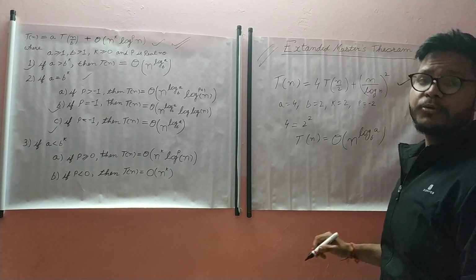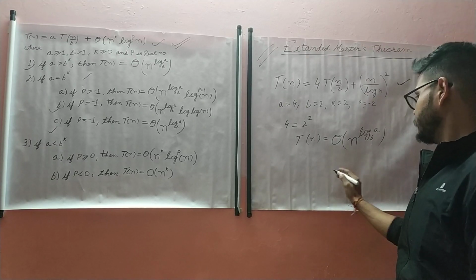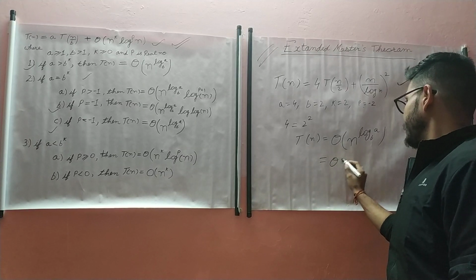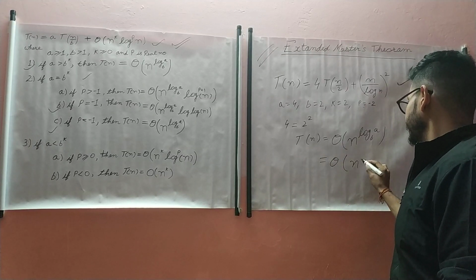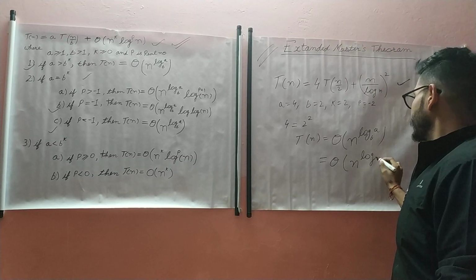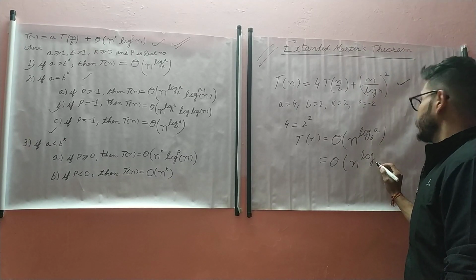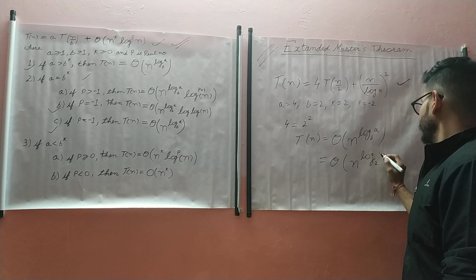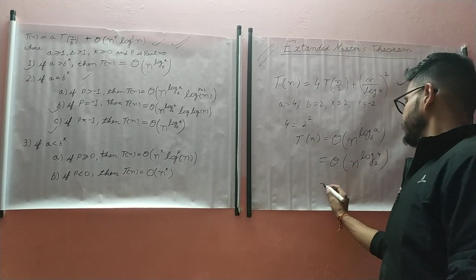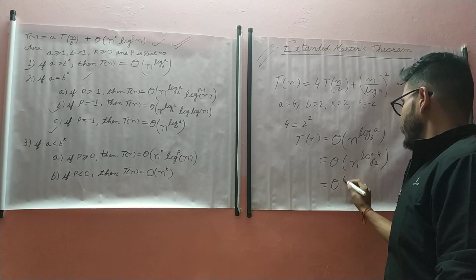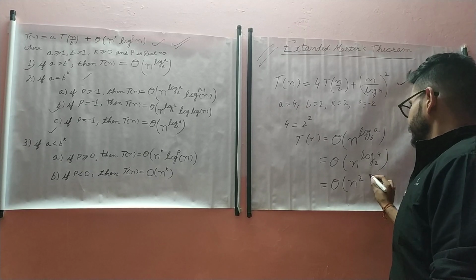Now we put the values of a and b, so theta is equal to n^(log_2 4). So this again is theta of n squared.